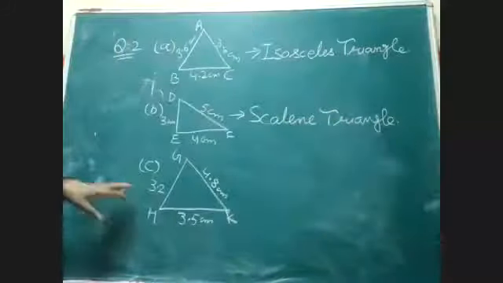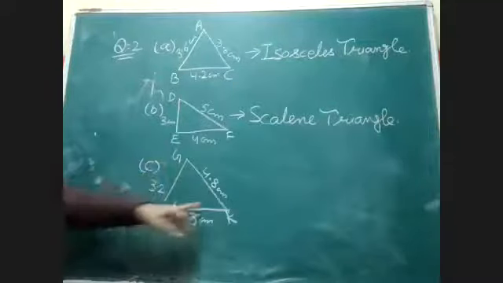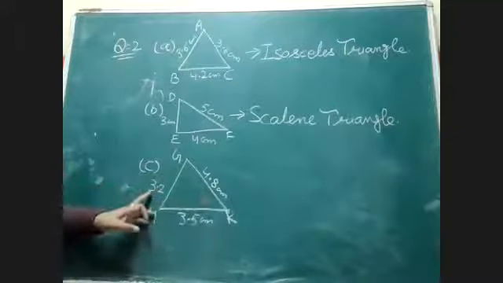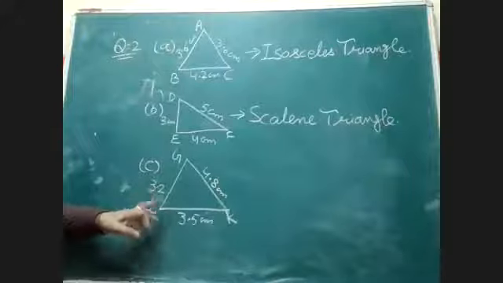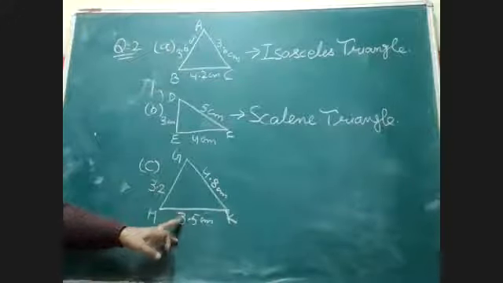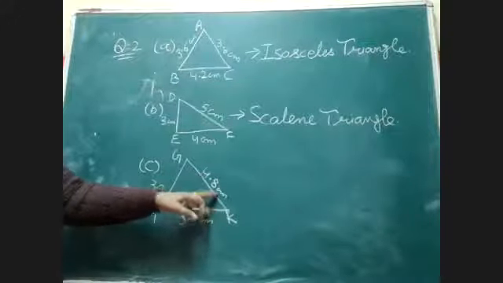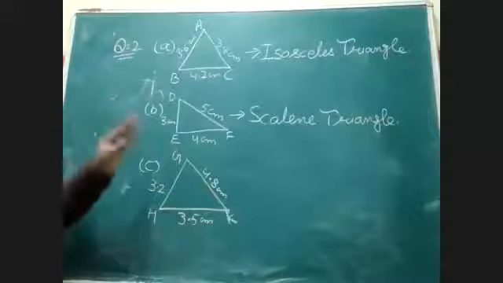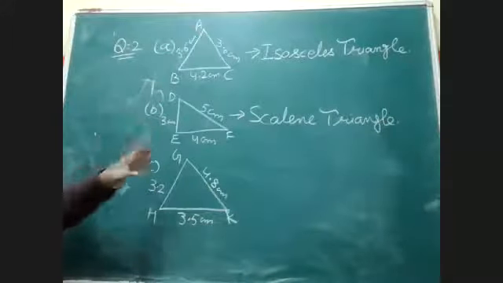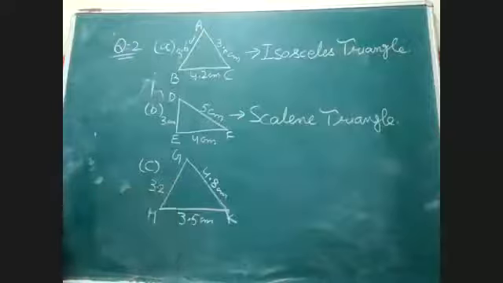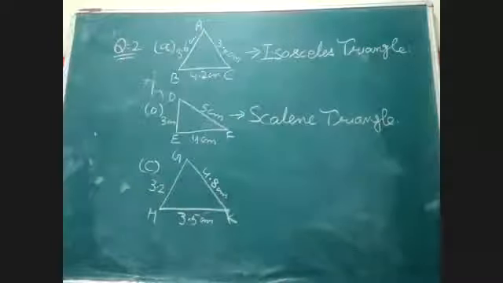Next is GHK. First side is 3.2 centimeters. This is 3.5 centimeters and 4.8 centimeters. Once again, all three sides are different in length. This is a scalene triangle.